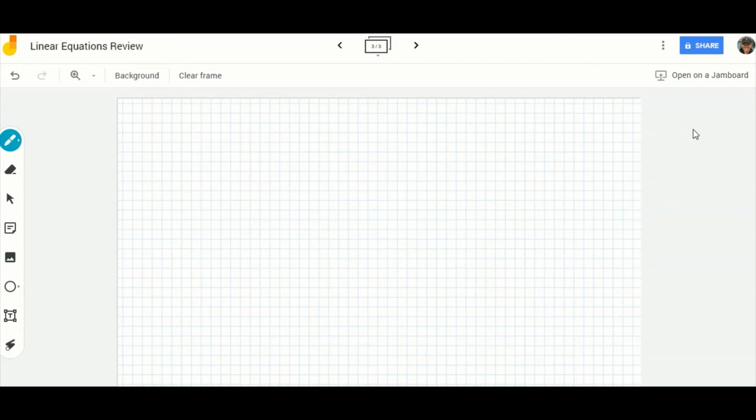Interestingly, when I am dealing with linear equations, I actually only need 2 points. And I could select any 2 points which would define my line. So let's take, for example, negative 4 and 5, and the point negative 1 and negative 1.